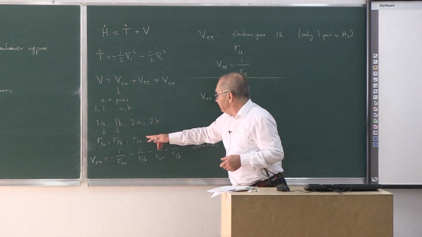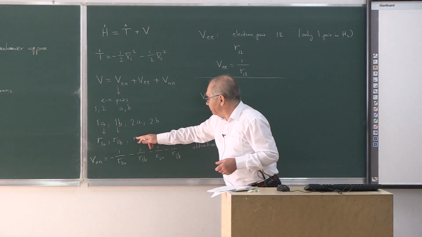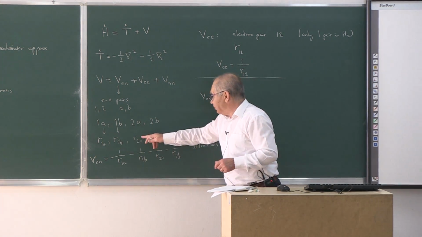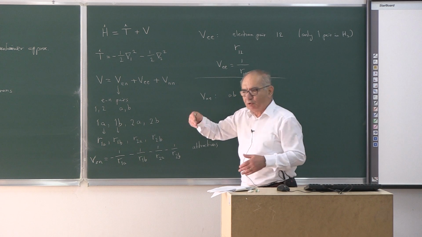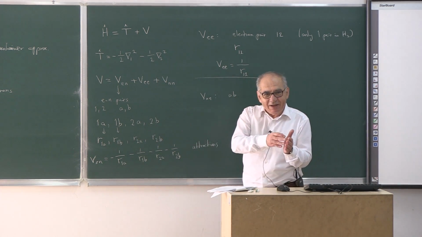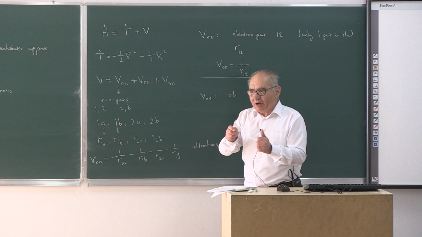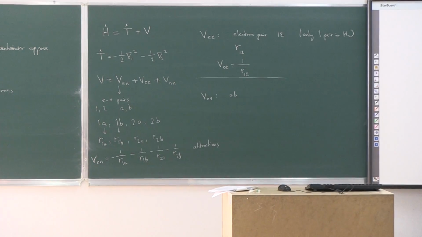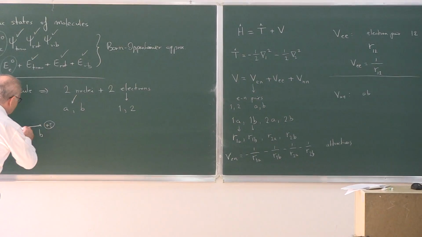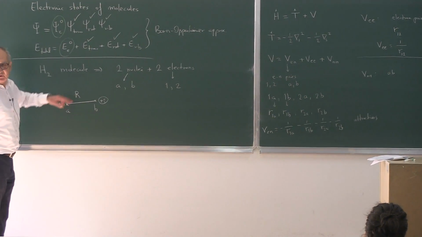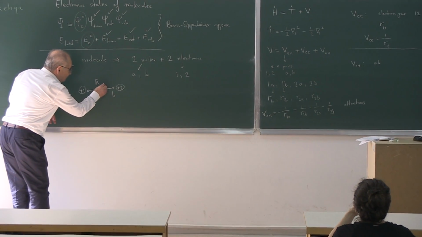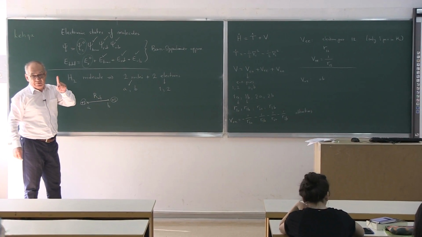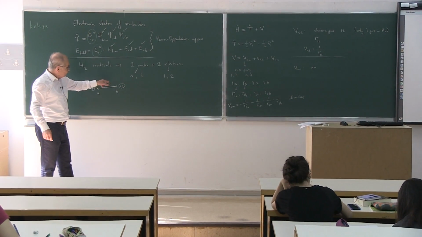We should not use the same symbol for the distance between 2 nuclei because there is a risk of confusion whether we are talking about electrons or nuclei. So we use this distance, we use the symbol R. We would use R sub AB, but we have just 1 pair here, so there is no need for AB.